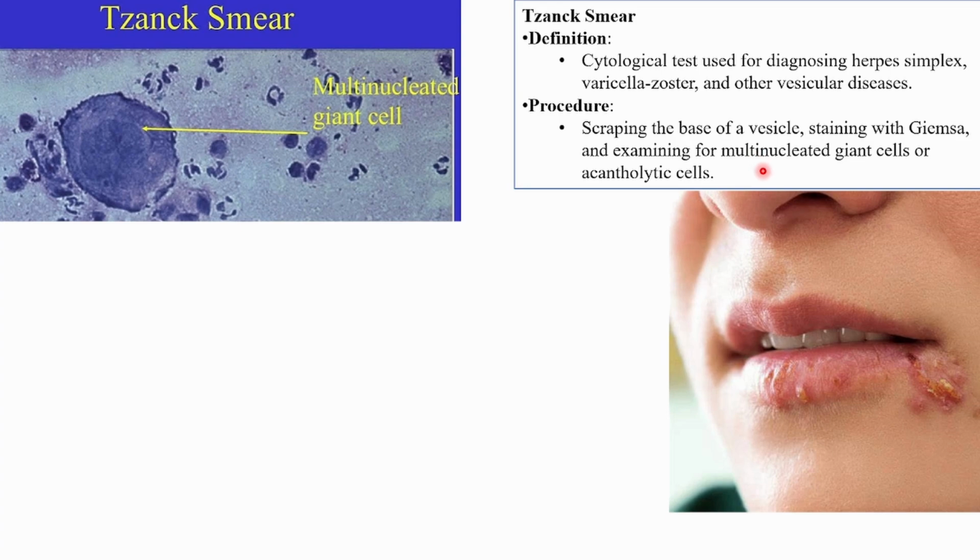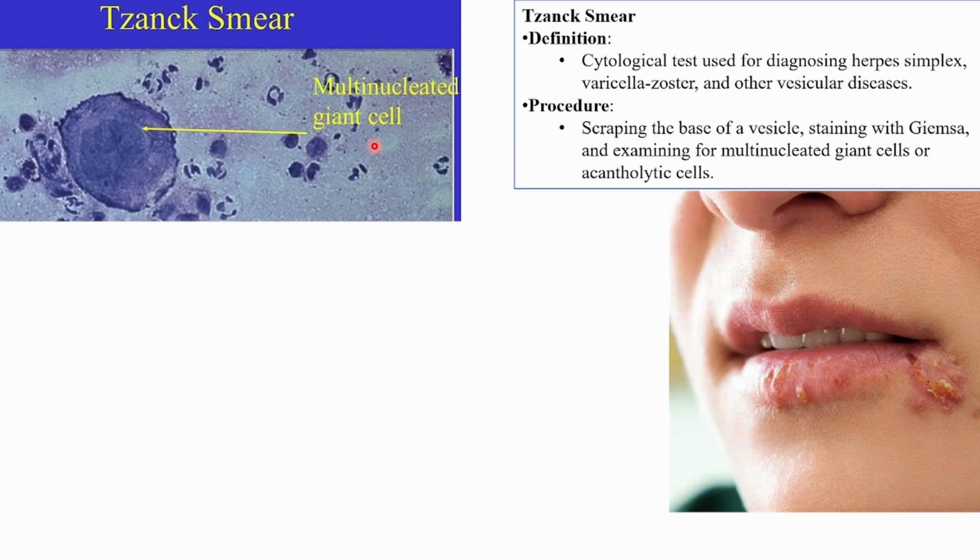We see under the microscope the formation of multinucleated giant cells. Why are there multinucleated giant cells? Because after the virus infects the cell, there is formation of viral products. These viral products are certain glycoproteins that come outside to the cell membrane, and the adjacent cells along with the virus-infected cells get attached.